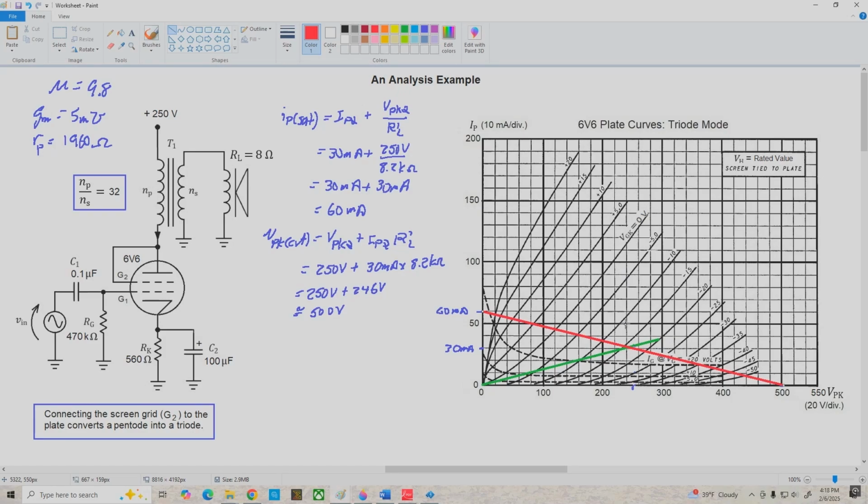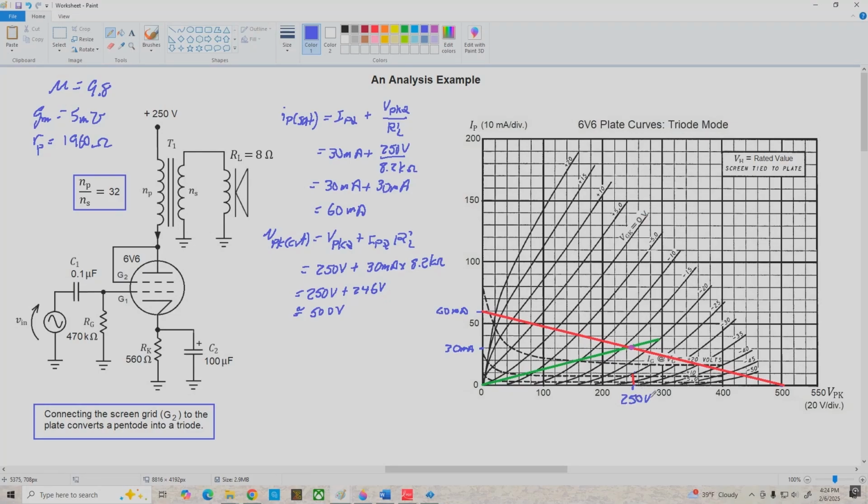So everything is consistent, and that's what we're after here, to make sure that when we plot all these lines and points, everything works out the way it's supposed to. Coming up from here, this is our Q point. So we're all good. Everything looks great. I placed a purple dot here at our Q point location just to make it stand out better. And let me mark my VPKQ value here of 250 volts.